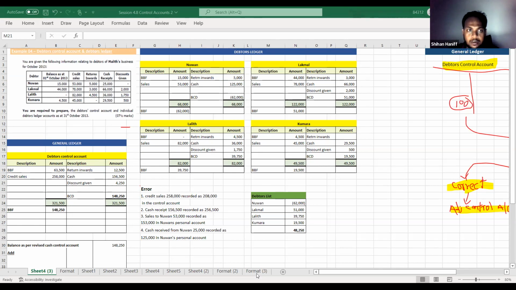Let's do a reconciliation question. Whether it's clear or not, let's see from a question.